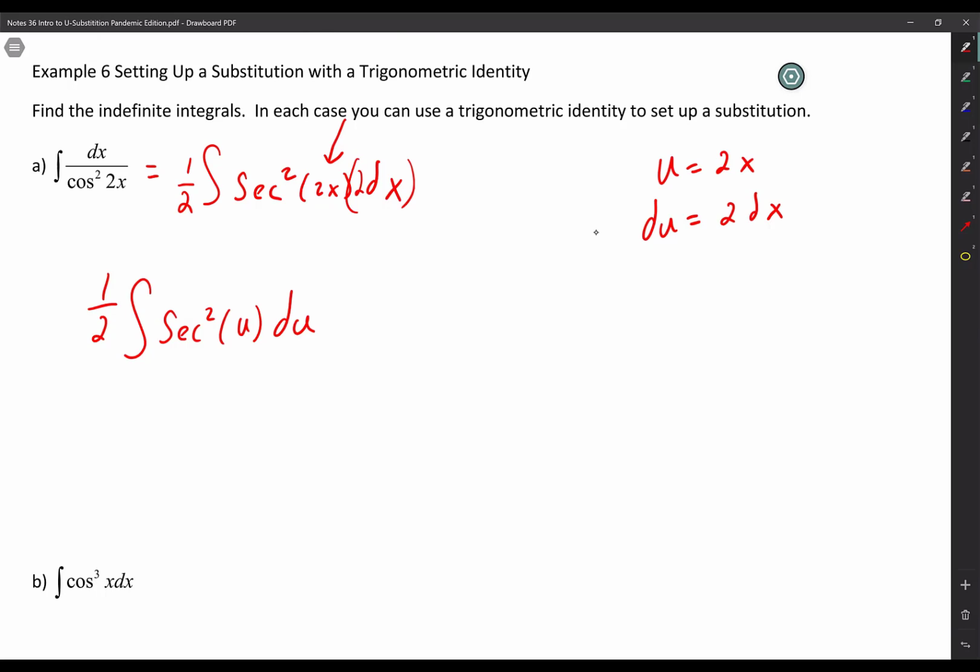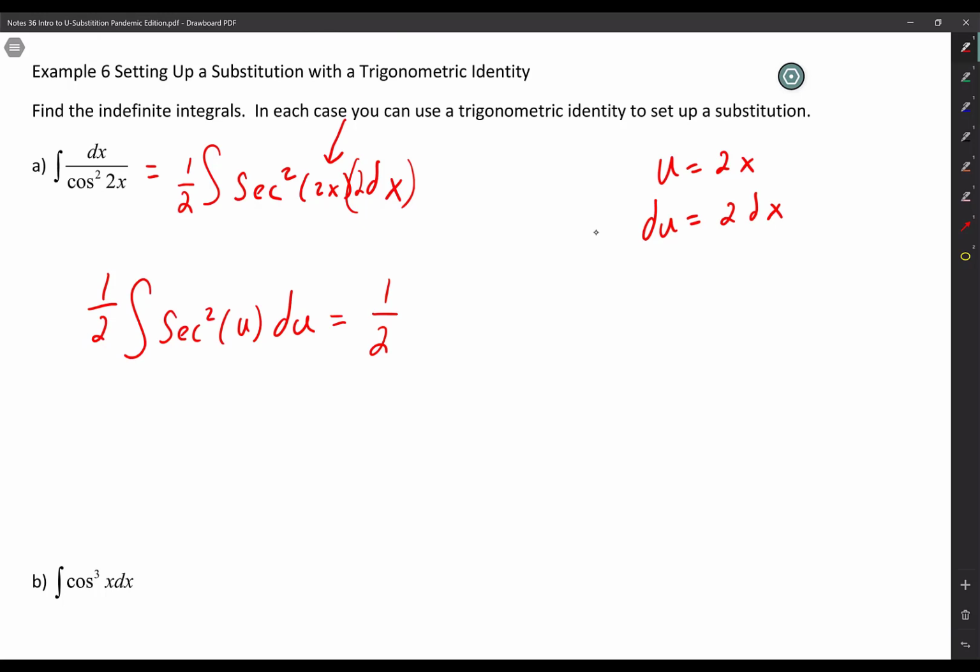Hopefully you know, I hope, the antiderivative of secant squared is what? Oh man. Starts with the letter T. Second letter A. Tangent.